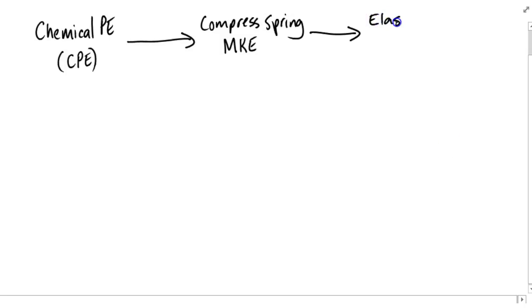When he compressed the spring, he gave it elastic potential energy, the potential to bounce back. Okay, so that elastic potential energy was then put into the spring as he compressed it, and we'll call that EPE for short. And then when he released it, running out of room here, of course he then went flying through the air, so the spring sprung.